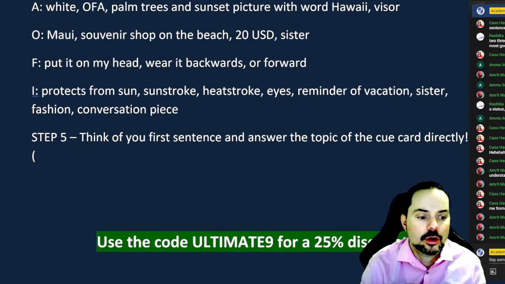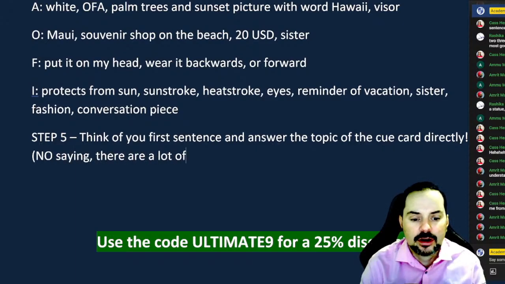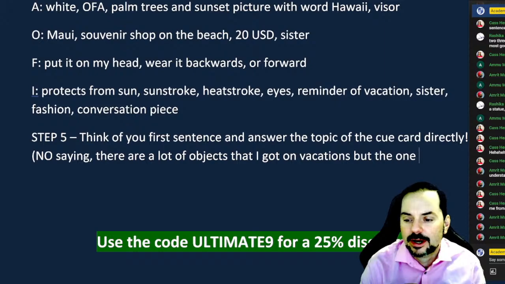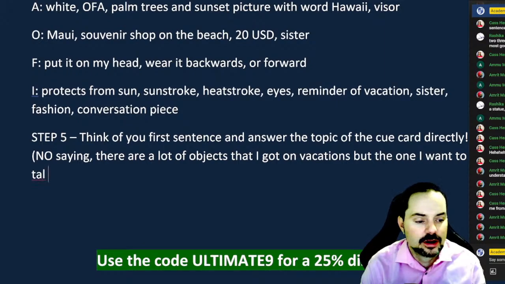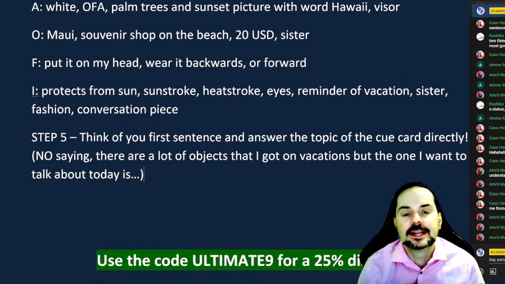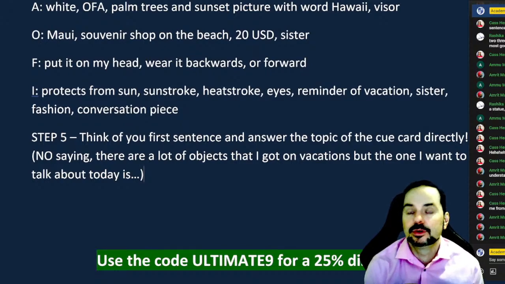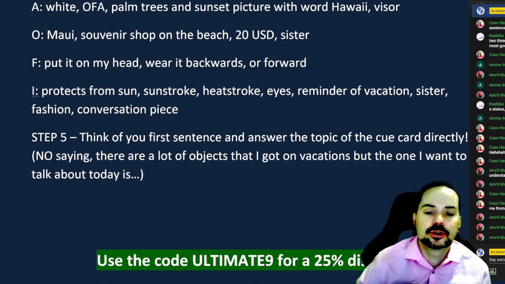Okay, so no saying there are a lot of objects that I got on vacations, but the one I want to talk about today is blah, blah, blah. No saying that kind of sentence, because that kind of a sentence is not good. Okay, so don't do that. All right, answer the question directly.